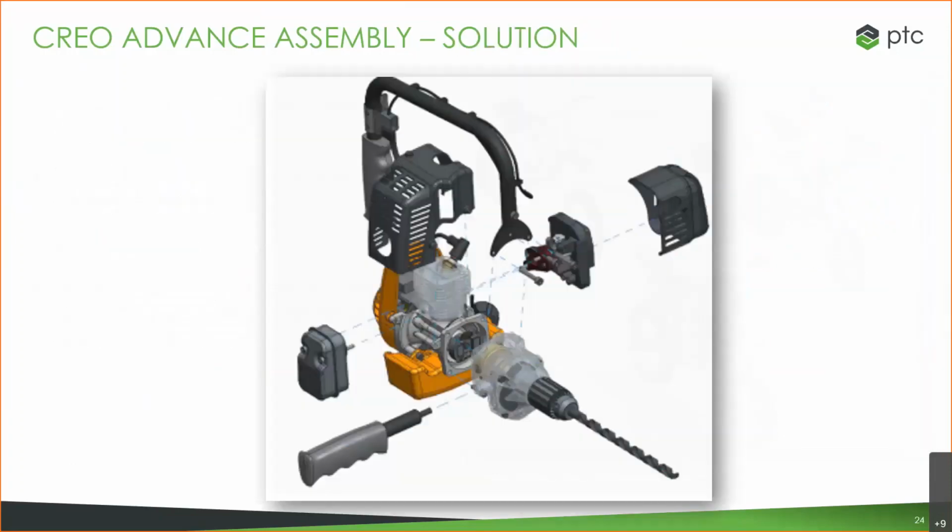So the solution here is Creo Advanced Assembly Extension, and it provides the tools that speed assembly design and streamline the flow of information from design to manufacturing. So the capabilities here enable companies to effectively manage the assembly process and reach the optimal design in less time, no matter how large or complex your assembly might be and how many teams are working on it.